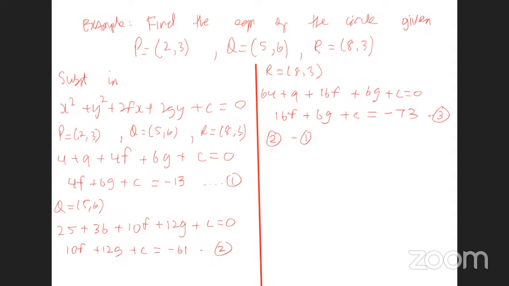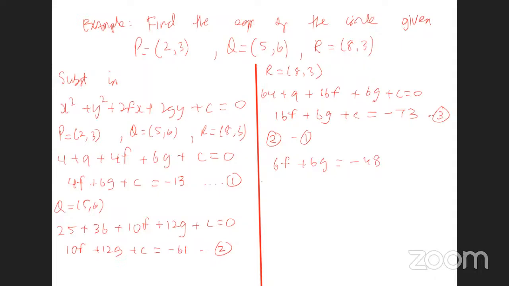Let's make sure you do that part right. 10 minus 4. I got 6. 12 minus 6. I got 6G. Then the C will cancel. Minus 61 minus 13 is how much? Minus 48. Nice. Everything has 6's and I can just divide it out.